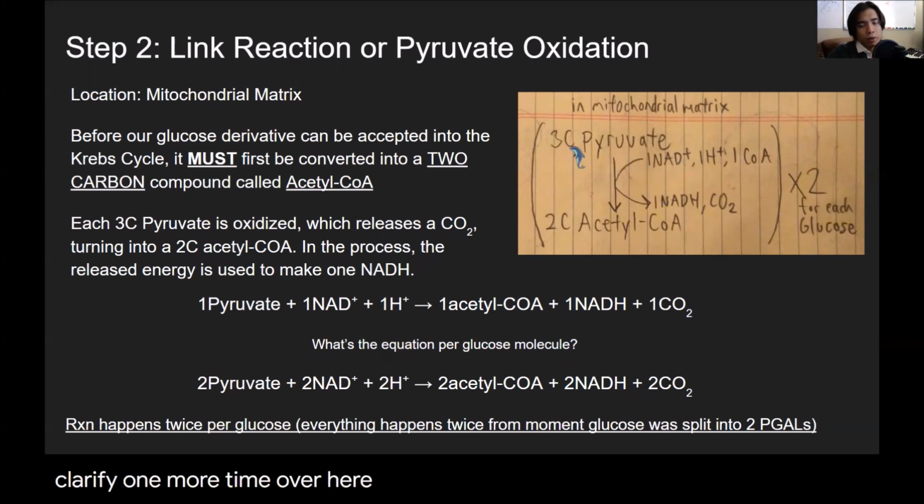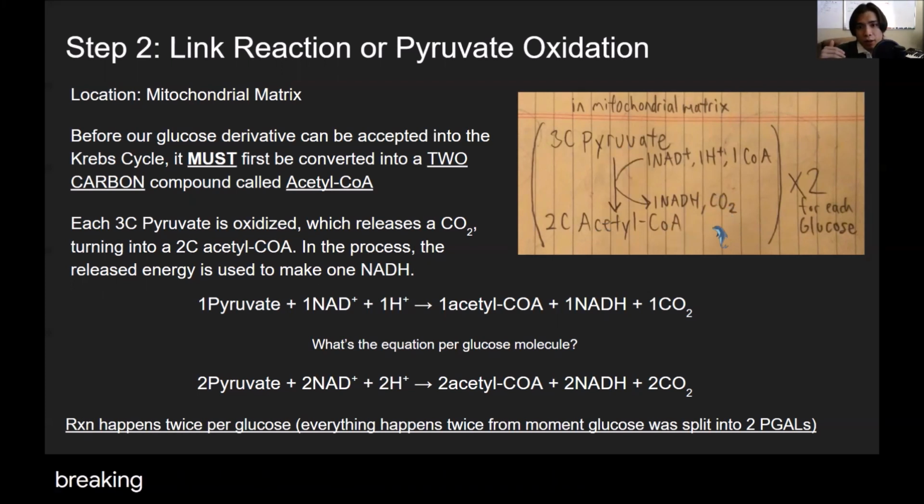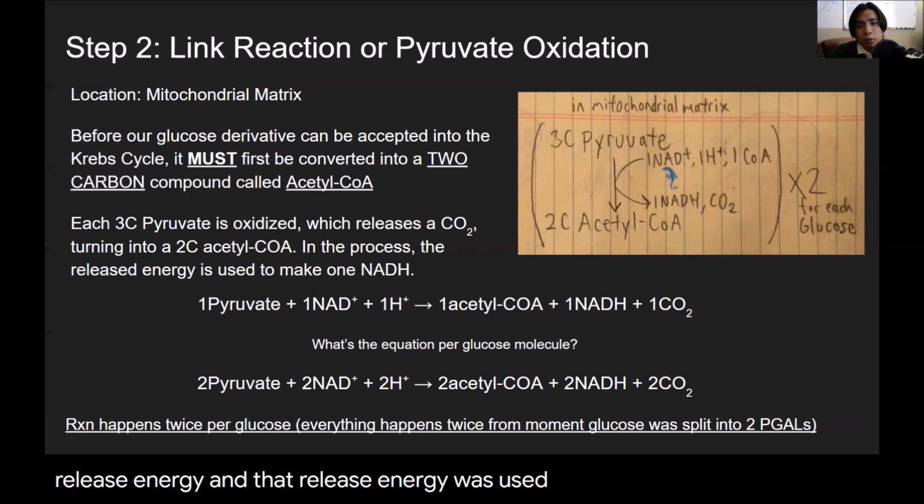Over here, we are going from a 3-carbon pyruvate to a 2-carbon acetyl-CoA. In the process, it turned into acetyl and a CO2. That is breaking it down. That was a catabolic reaction. A catabolic reaction is an oxidation reaction. An oxidation reaction will release energy, and that released energy was used to reduce the electron carrier NAD+ into NADH.